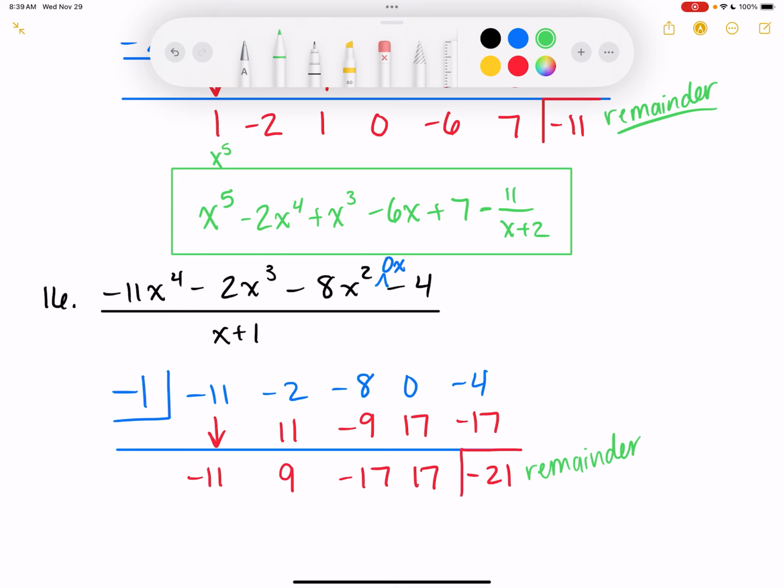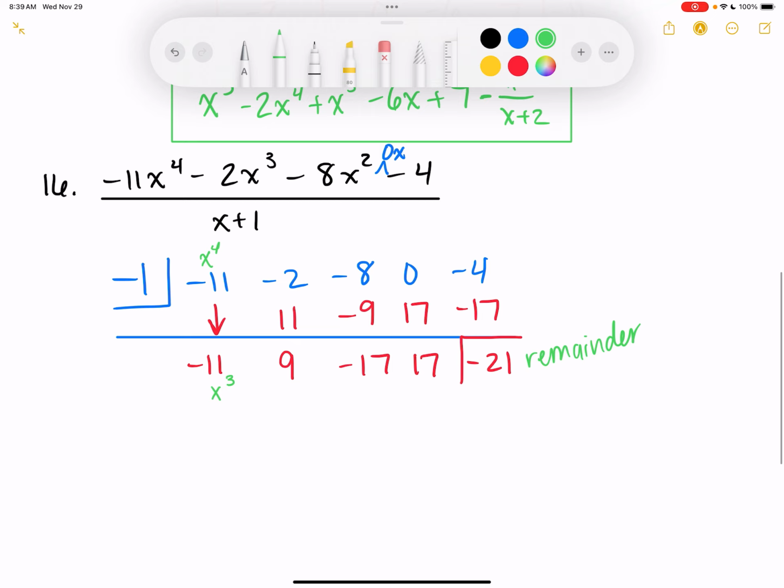So my first term was an x to the 4th term originally, so now it's going to be an x cubed term. So I'm going to have negative 11x cubed plus 9x squared minus 17x plus 17.